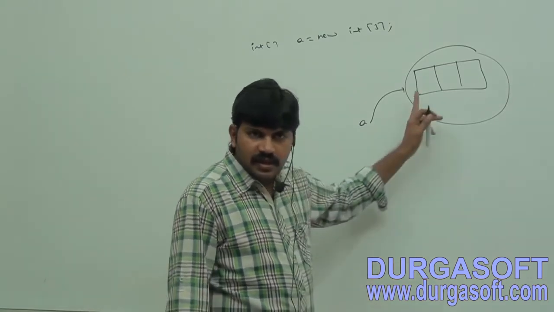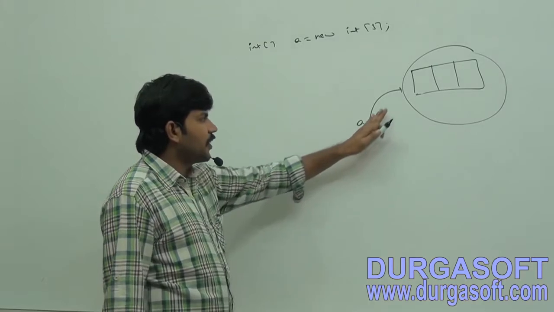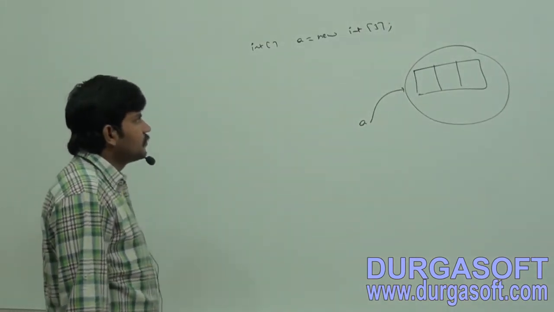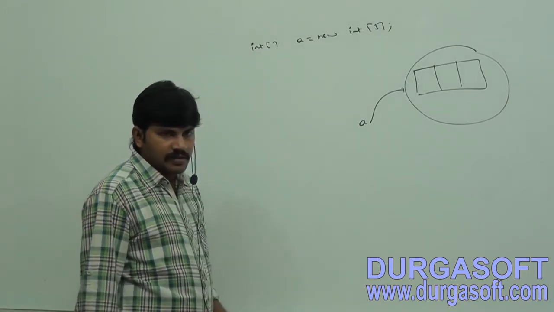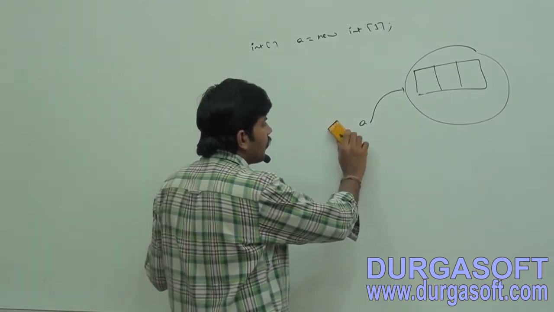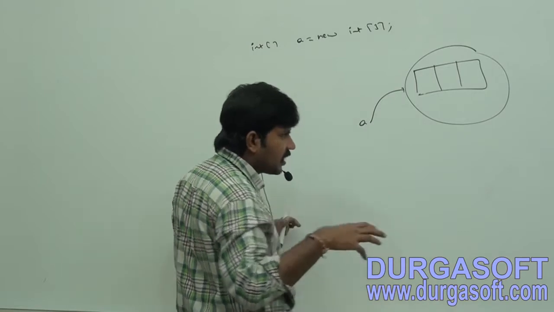I hope that is clear, right? Now a is a reference variable for that. Make sure: int[] a = new int[3], like this. You have to take this diagram also so that you should feel it is an object.